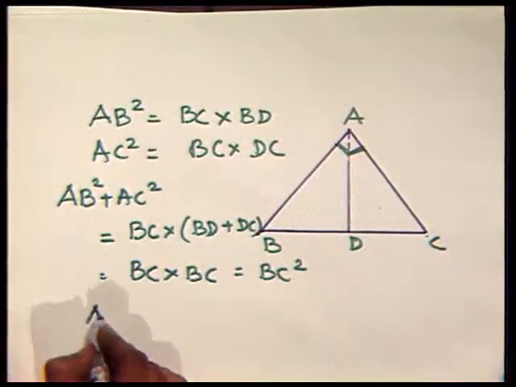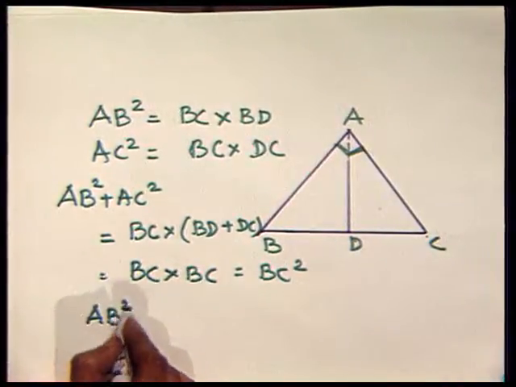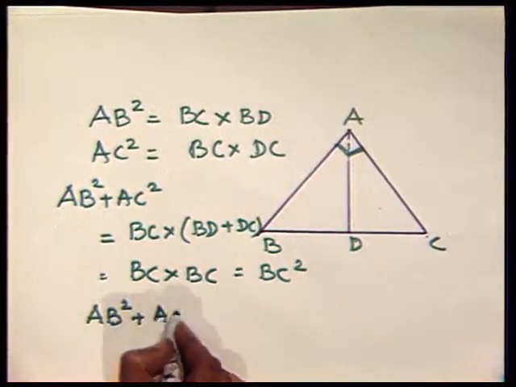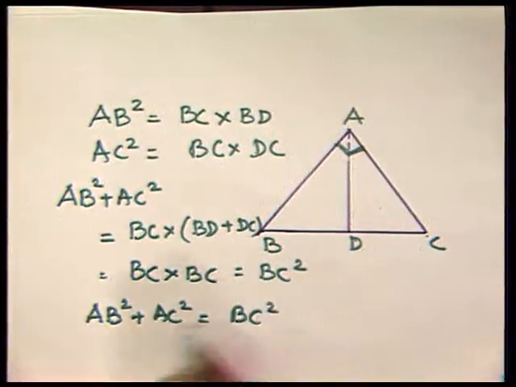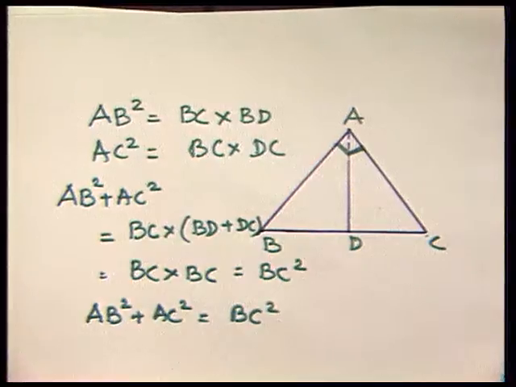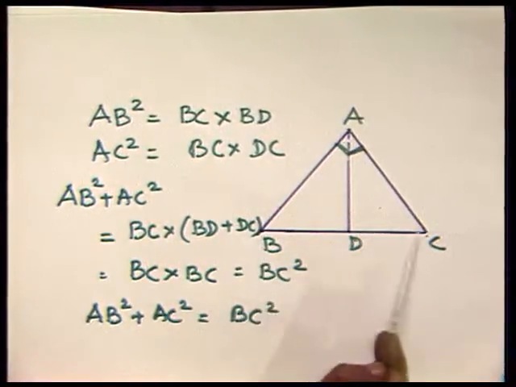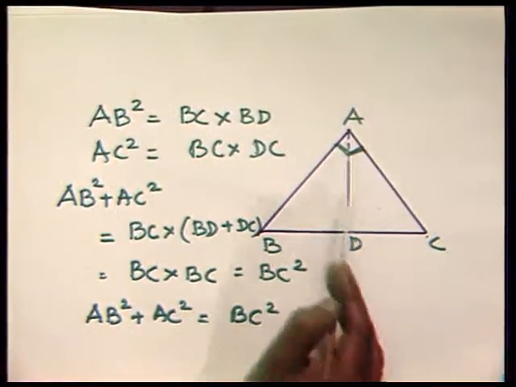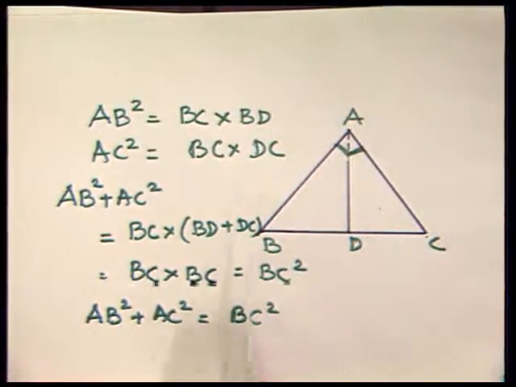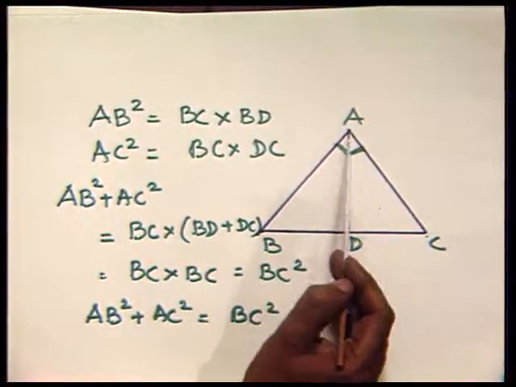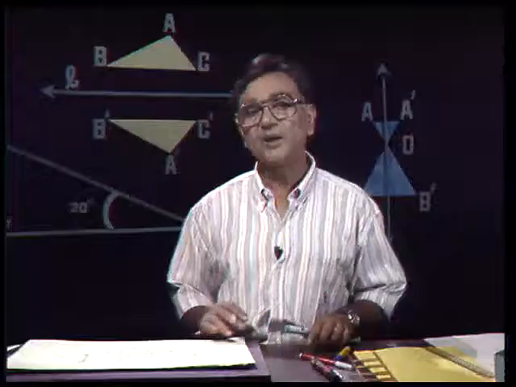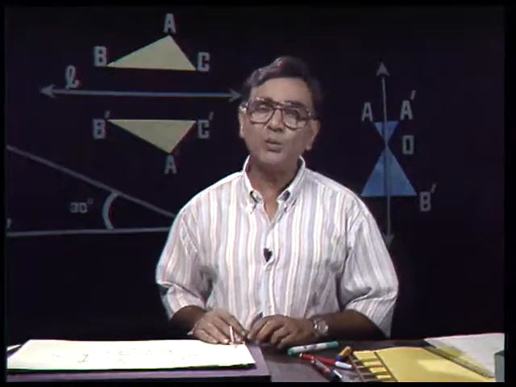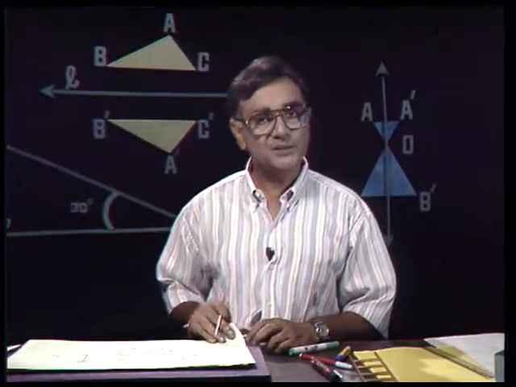So, we get the result that AB square plus AC square is equal to BC square. That is, the square on the hypotenuse, this BC being the side opposite to 90 degrees, is equal to the sum of the squares on the sides AB and AC. So, here we had the formal proof of Pythagoras theorem.